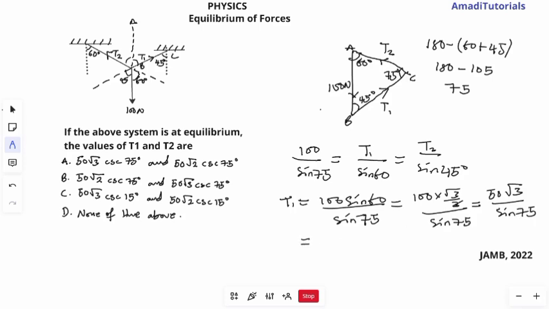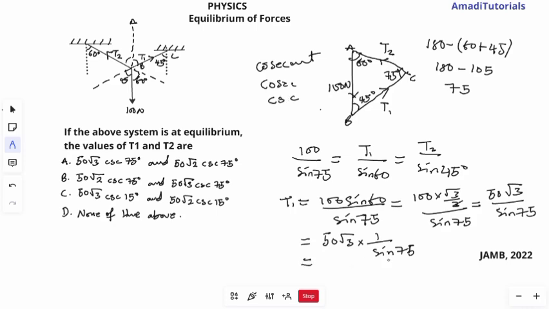So this equals, we can still write it this way: 50 root 3 times 1 over sine 75. The reciprocal of sine is called cosecant, which can be shortened to cosec, abbreviated CSC.